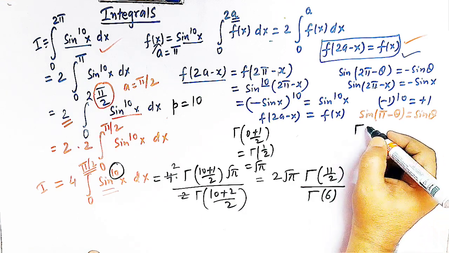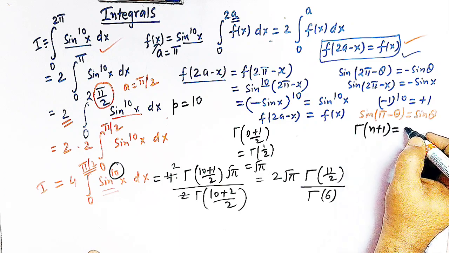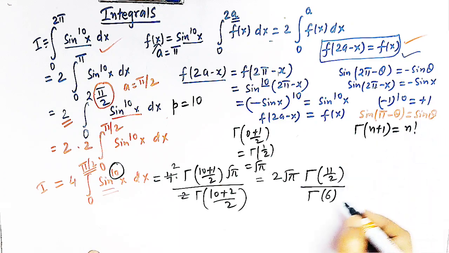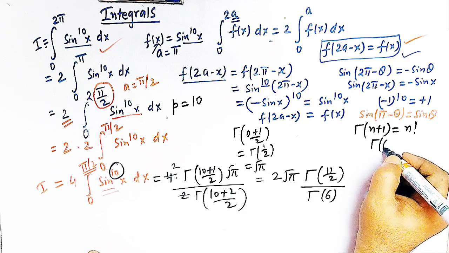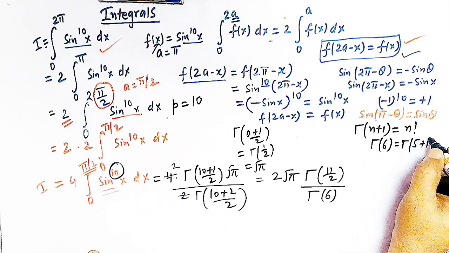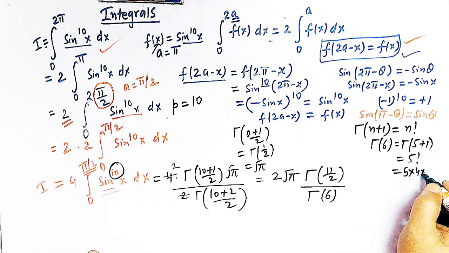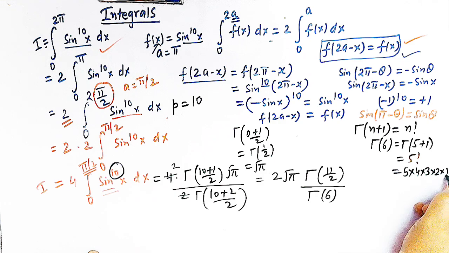Now gamma n plus 1 is equal to n factorial, so we have gamma 6, which is gamma 5 plus 1, equal to 5 factorial, and 5 factorial is 5 times 4 times 3 times 2 times 1, that is 20, 60, and then 120, right?